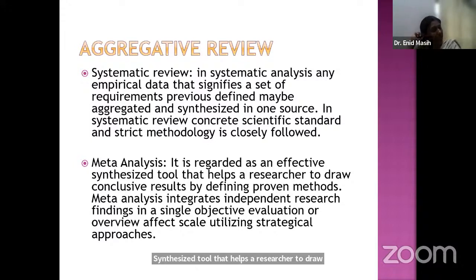developing a proven method. Whenever any research paper is based on meta-analysis, it is important that it is based on proven methods.